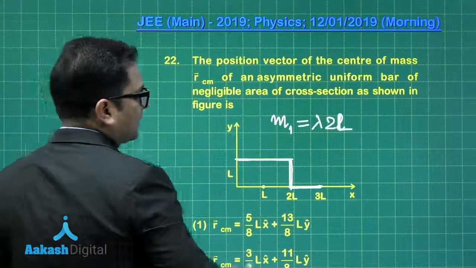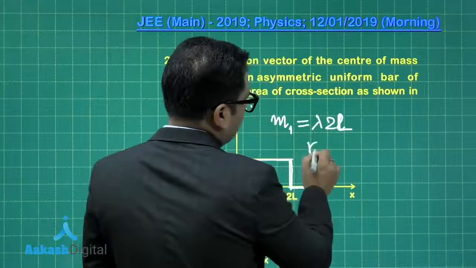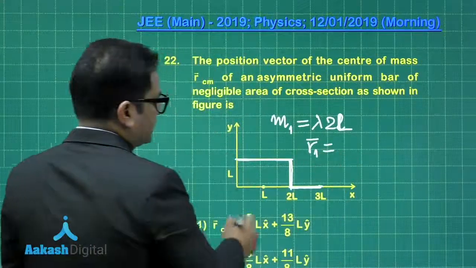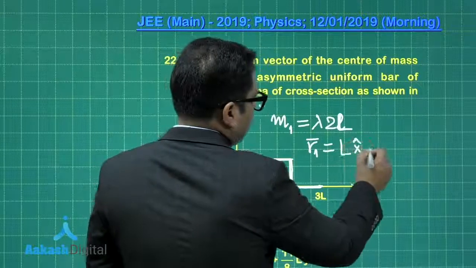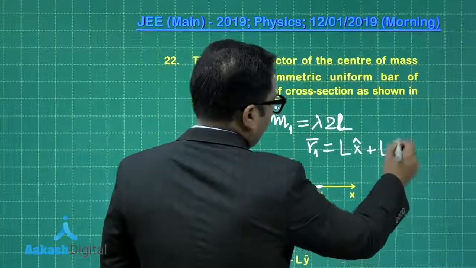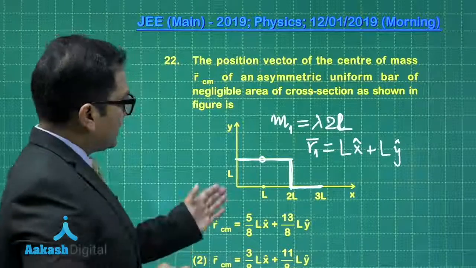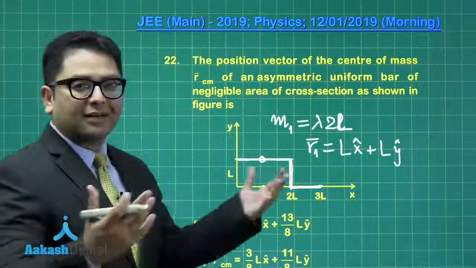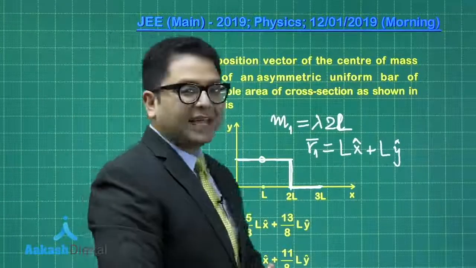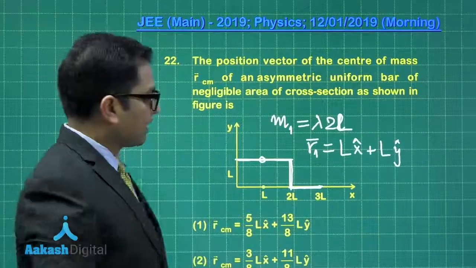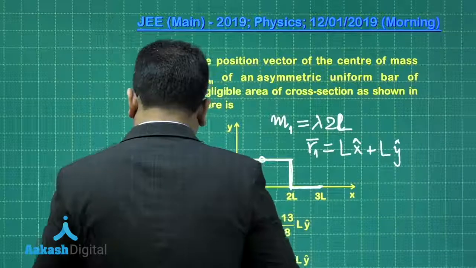position vector of the center of mass, R1 vector, the center of mass lies there, so that's L x cap plus L y cap. That's fine. L i cap plus L j cap, and i cap j cap can be synonymously replaced by x cap and y cap. That's all the same. Now let's go for this particular portion.